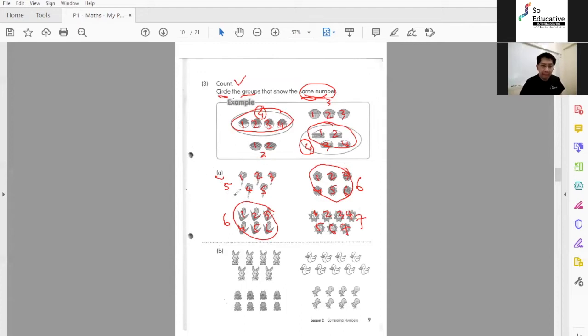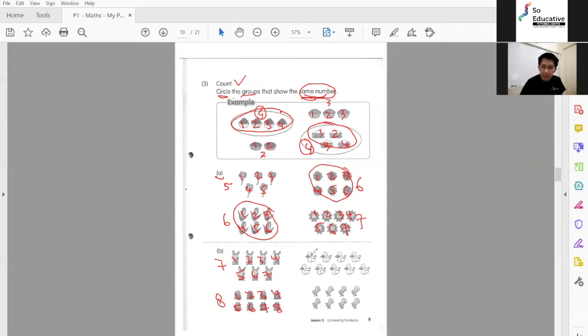3B. Let's count the rabbits first. 1, 2, 3, 4, 5, 6, 7. I'm going to write down here 7 rabbits. Now let's count the frogs. 1, 2, 3, 4, 5, 6, 7, 8. 8 frogs.